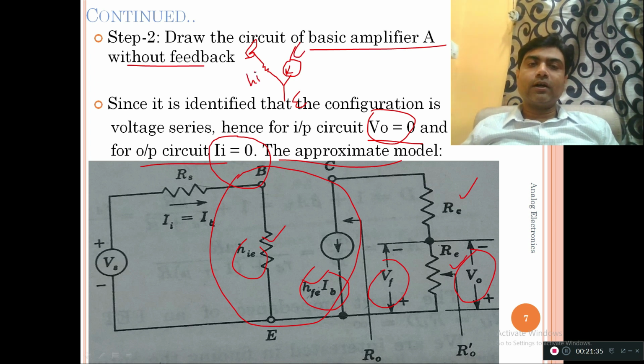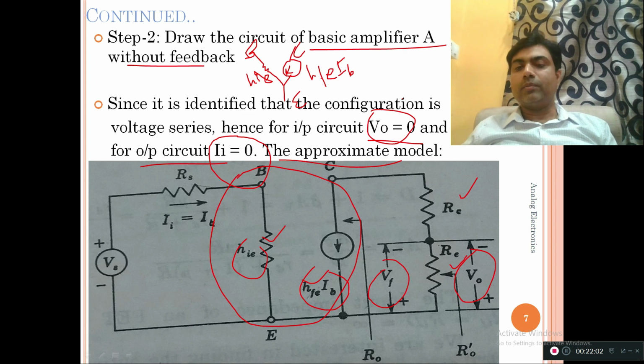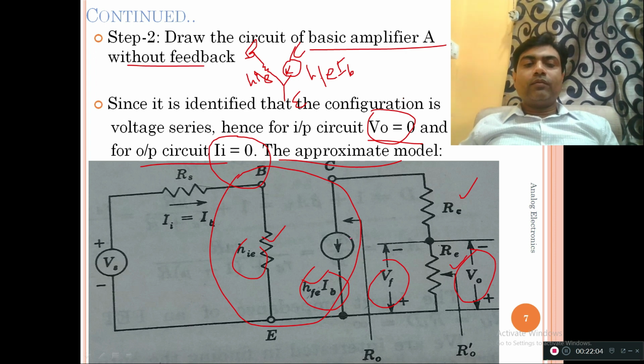This is HIE, and what is this? This is HFE into IB. So if you remember this, you can easily correlate it with this particular circuit. So though it is not a common emitter circuit, we have made the common collector work like a common emitter circuit by drawing the approximate model of common emitter. So this is how we have drawn it.